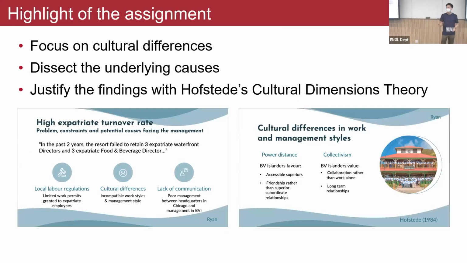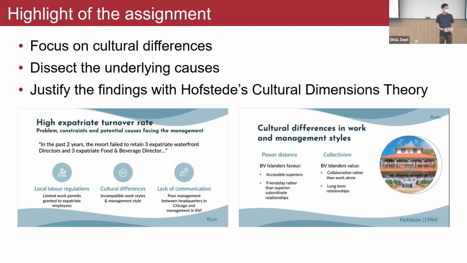This is the portion that I was responsible for. By analyzing these problems, specifically the high expatriate turnover rate, I was able to identify the following three underlying causes. First, very strict local labor regulations. Secondly, and most importantly, the cultural differences between the locals and expatriate managers. What we found out was that the power distance between the locals and the managers from the States is huge.